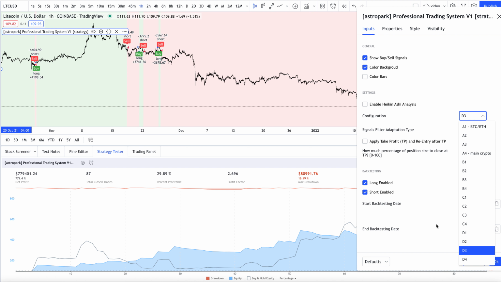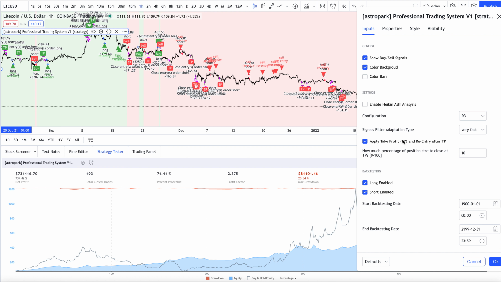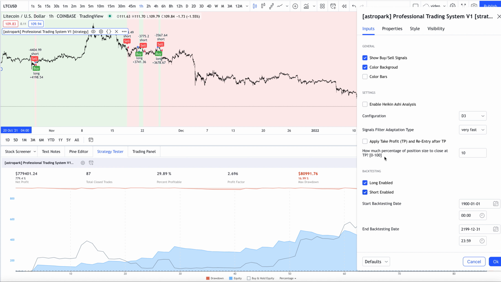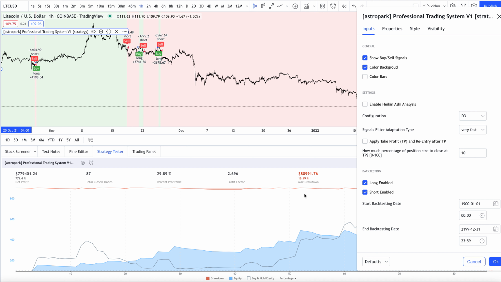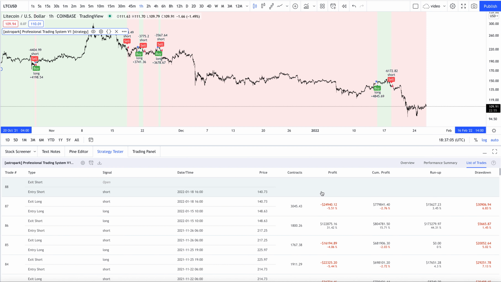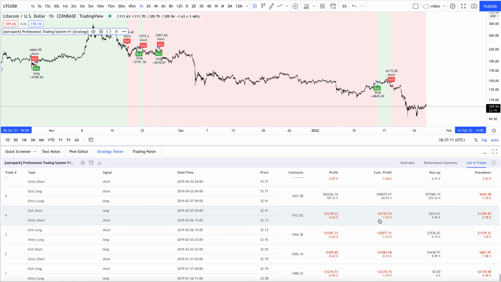Okay. So yeah, without taking profit, using 50%, what I would say is that D1 is really the good one. Okay. Because we are trading how many years? We started in 19, so 19, 20, 21, 3 years.